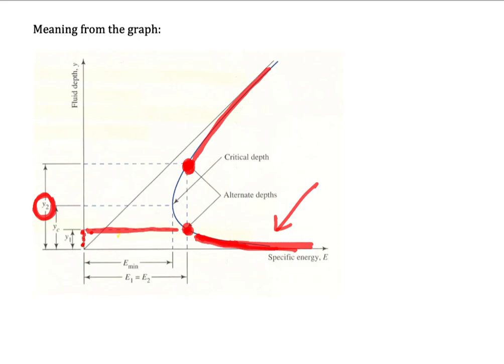Normally the increment of energy becomes so rapid, and then it suddenly increases the value of Y. So at this stage, at least you know how to draw the total energy diagram, label the maximum, the critical depth here, and also determine the alternate depth.